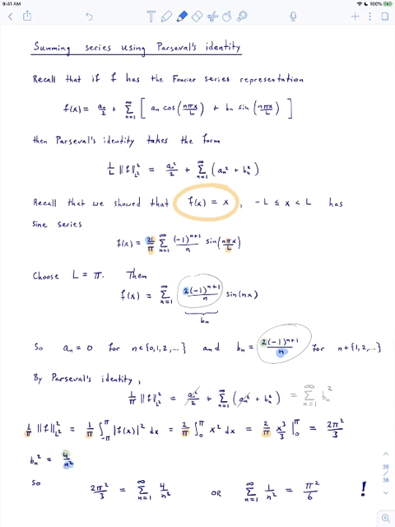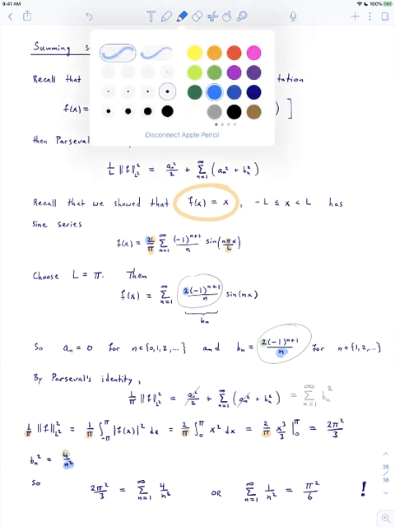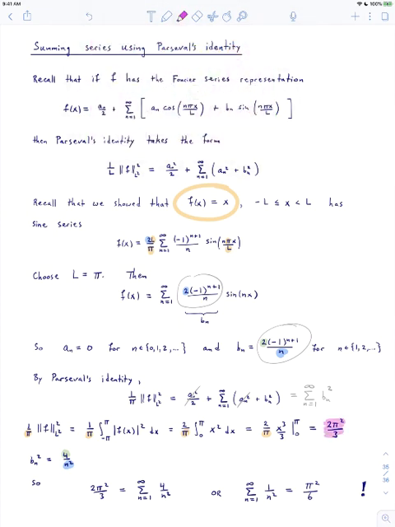So what we have is that 1 over pi times the L2 norm of f squared, that's 2 pi squared over 3. That's this term right here, which is 1 over pi times the L2 norm of f squared. Now that is equal to the sum n equals 1 to infinity of bn squared.